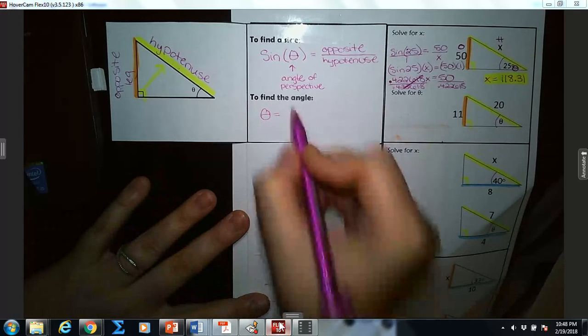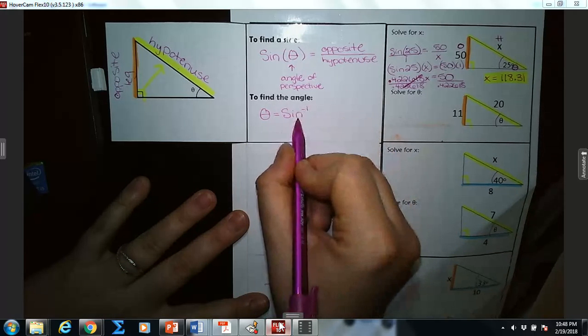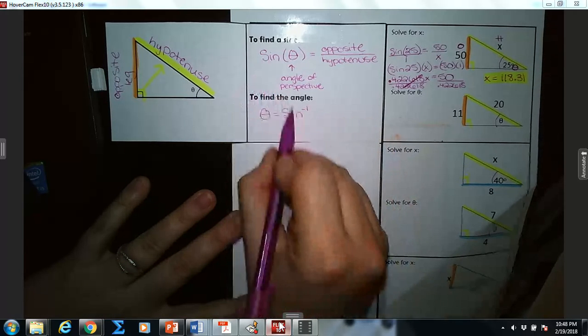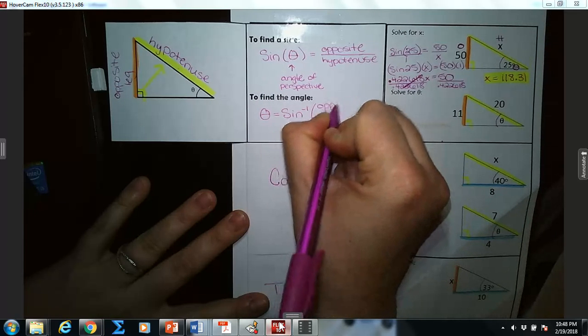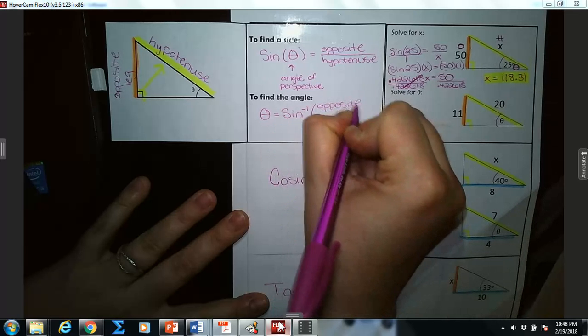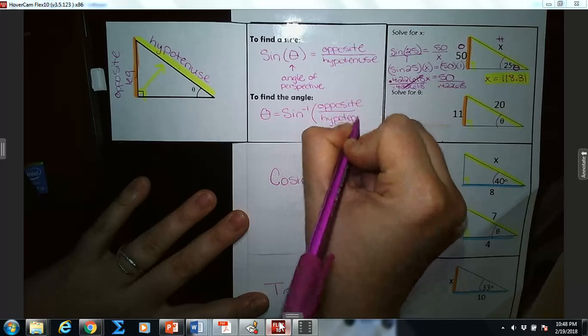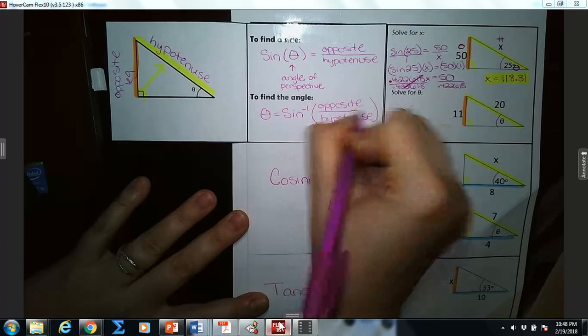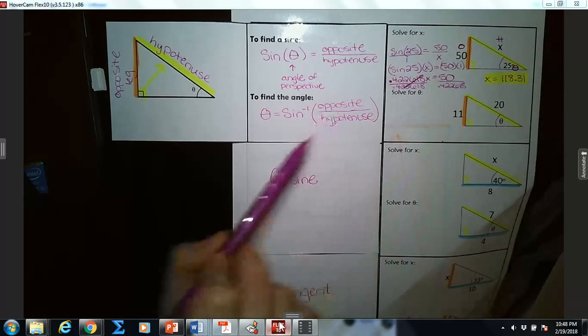Well, that's where the sine inverse comes in handy. The inverse of finding a side is finding an angle. We keep the opposite over hypotenuse pattern. So if I want to find an angle, I'm going to use the sine inverse function of the opposite and hypotenuse.